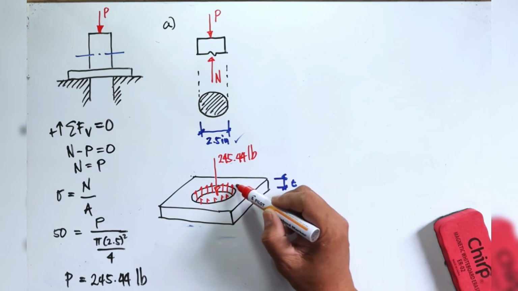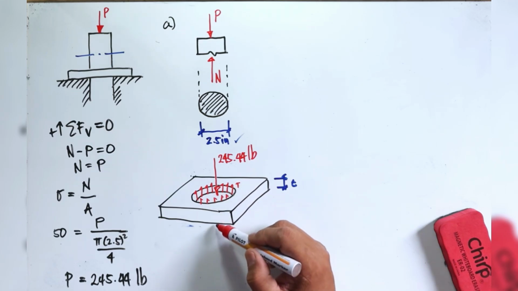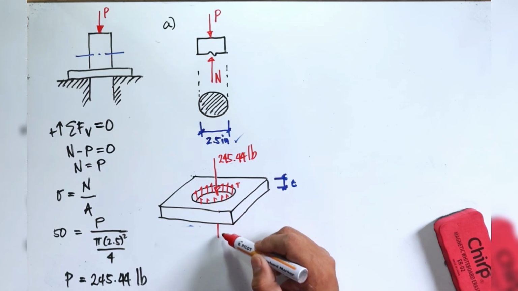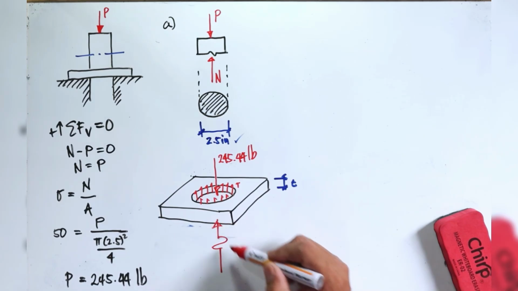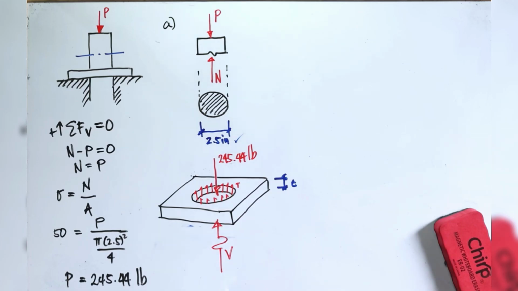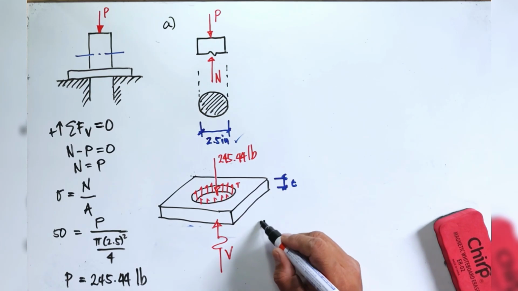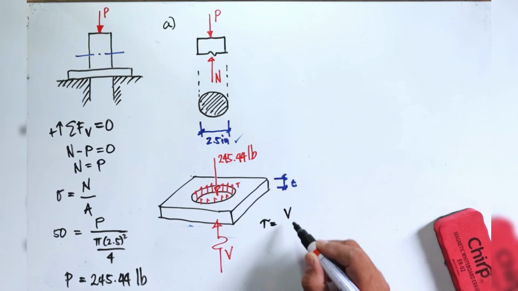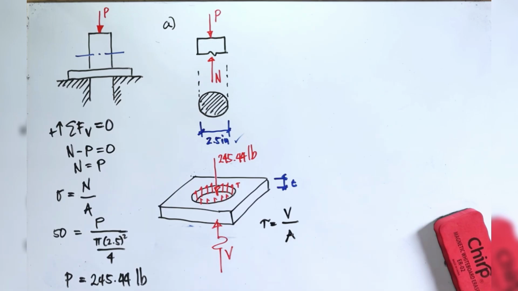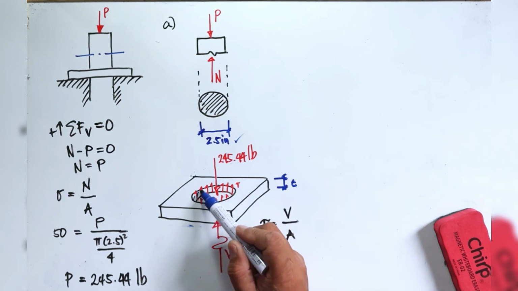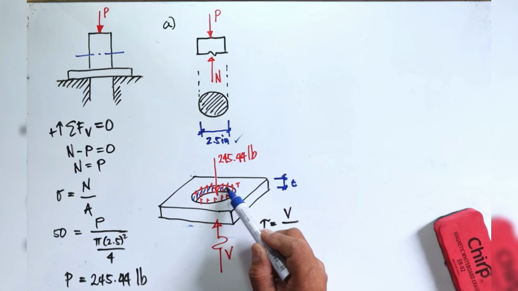Okay, so that will be your shear stress, which the resultant is actually the shear force. So from the shear stress formula, that's V over A. So our area here is this area here.